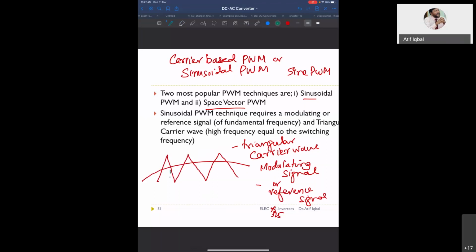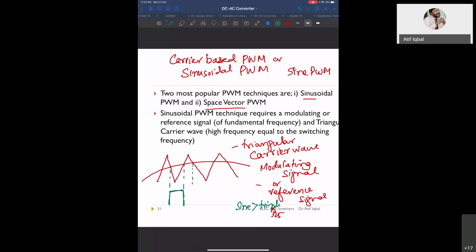You see here, from this interval to this interval, the sine wave is greater than your triangular wave, so in this interval we generate a high pulse.